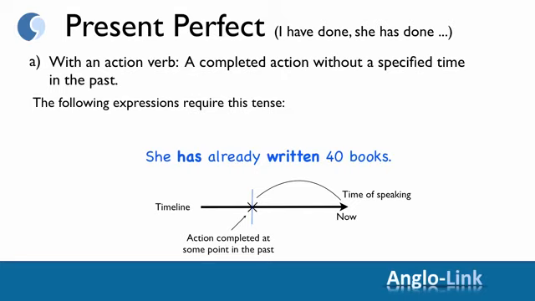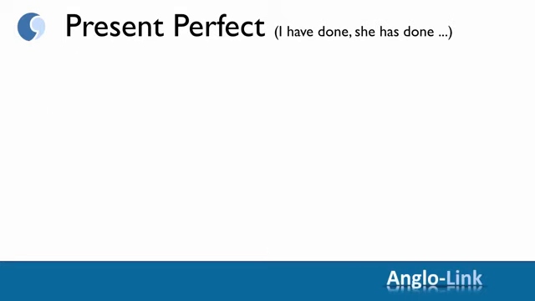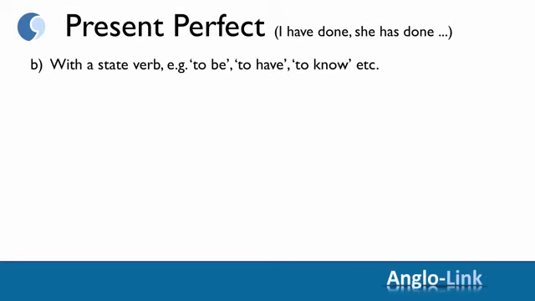Now, looking at the present perfect tense with state verbs, it's completely different. Remember that a state verb doesn't take a continuous tense. So, with the state verb, the present perfect has replaced the present perfect continuous.